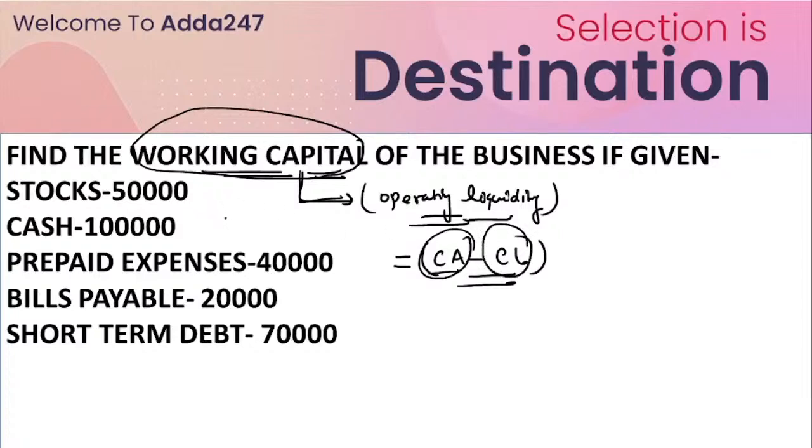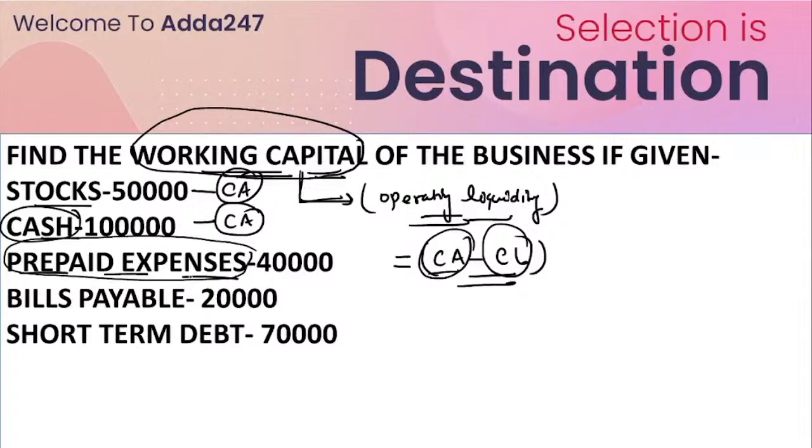How can you recognize them? Stocks, or inventory, are part of our current assets, isn't it? Cash is also a part of current assets. Prepaid expenses are also understood as current assets.